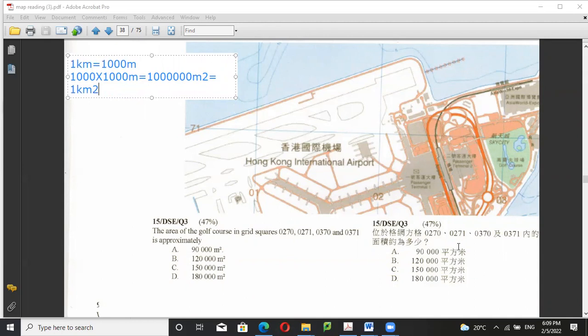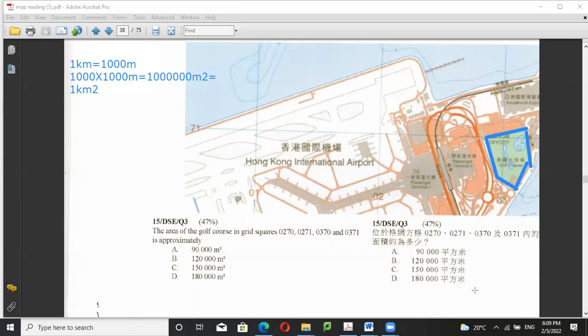Now here, the golf course right here, which is talking about this golf course. If you are using the ruler to calculate it, I think it should be 1.6 cm times 22 cm, around 12.